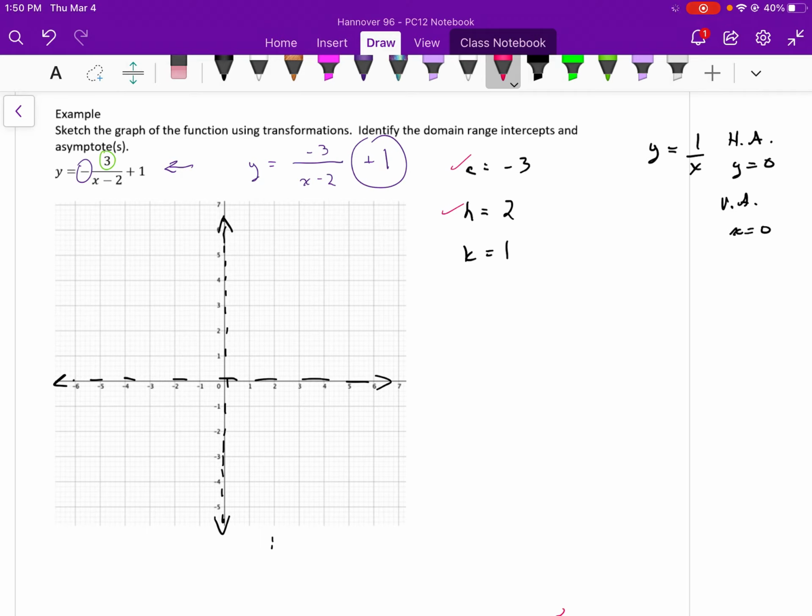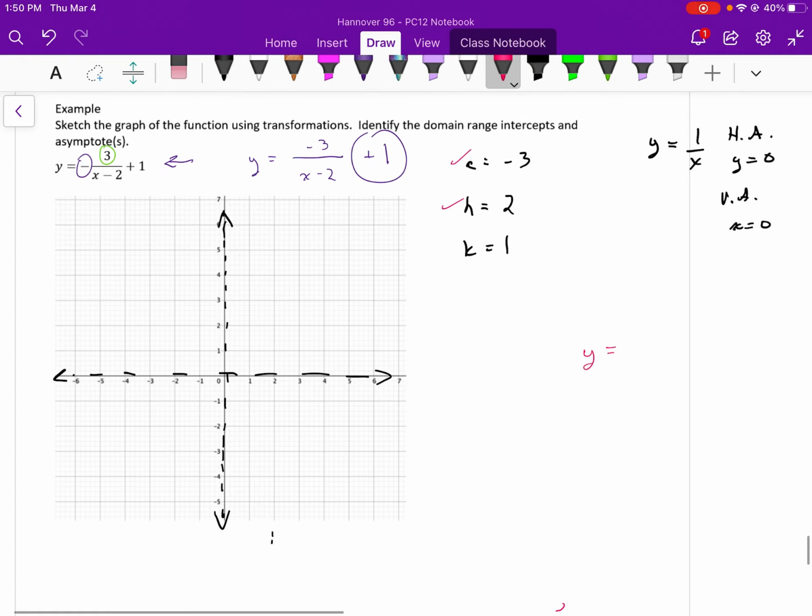If I shift it 2 units over to the right, what happens is that my horizontal asymptote stays the same, but my vertical asymptote moves 2 units to the right.